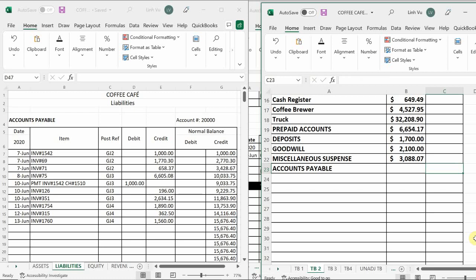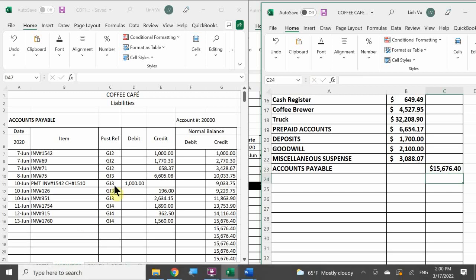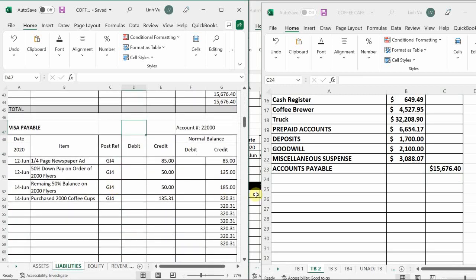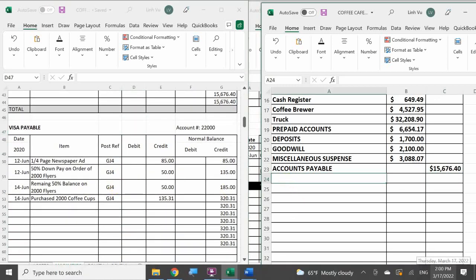I owe a whopping $15,676.40. I even opened a business credit card, and I owe money on that too. I owe $320.31 on my credit card.